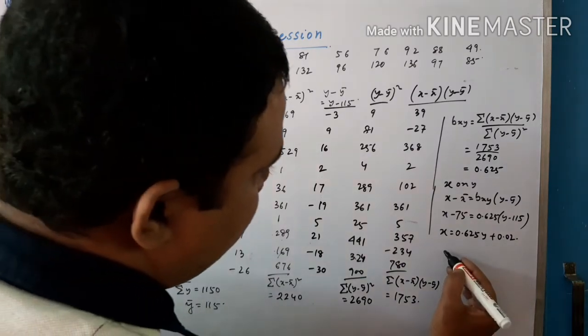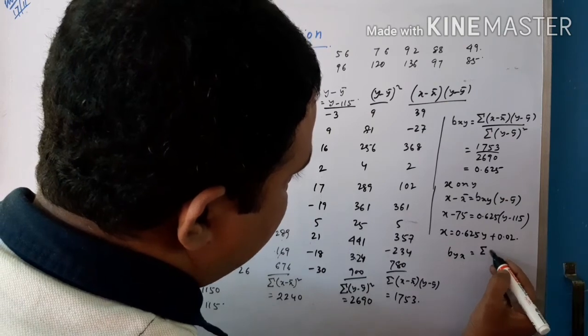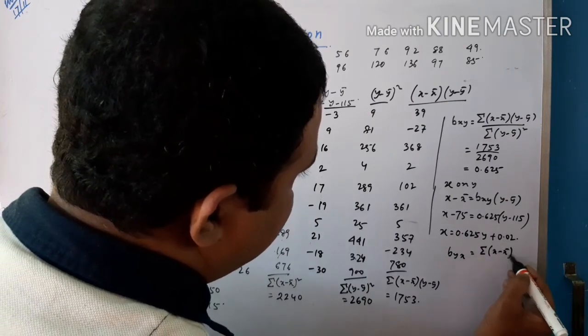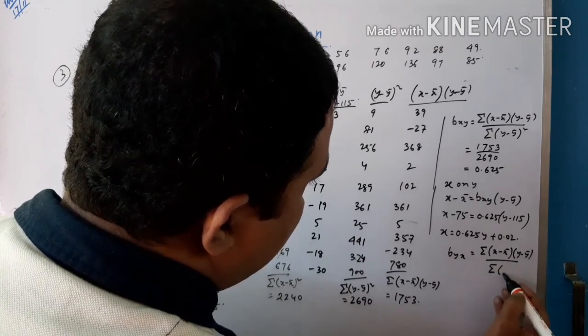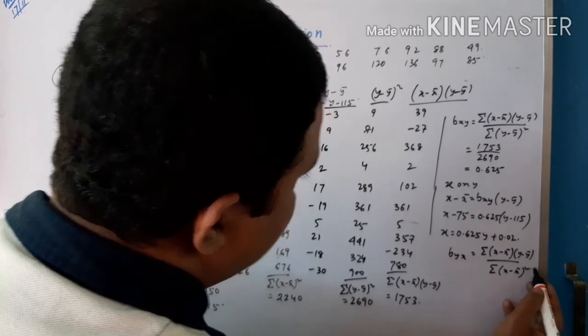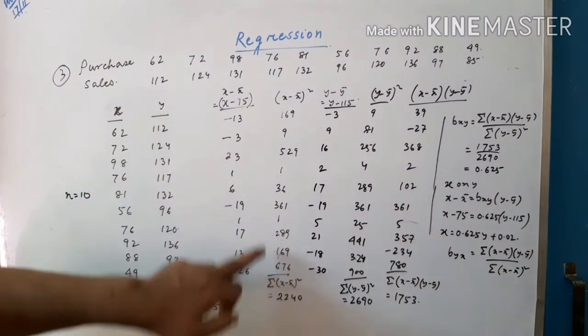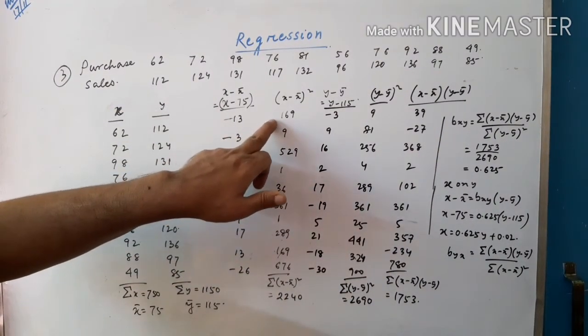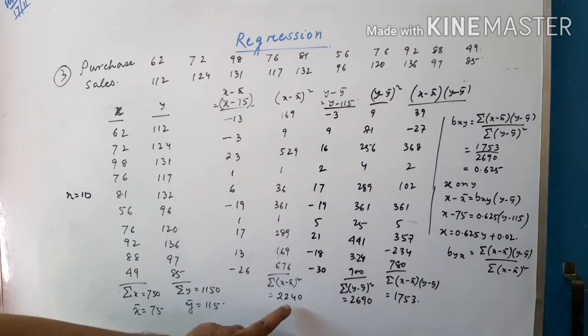When we calculate bxy, the formula would be sigma x minus x bar into y minus y bar by sigma x minus x bar whole square. So here we have calculated x minus x bar whole square: minus 13 square is 169, minus 3 square is 9, and in this way we have added. So sigma x minus x bar whole square I am getting is 2240.